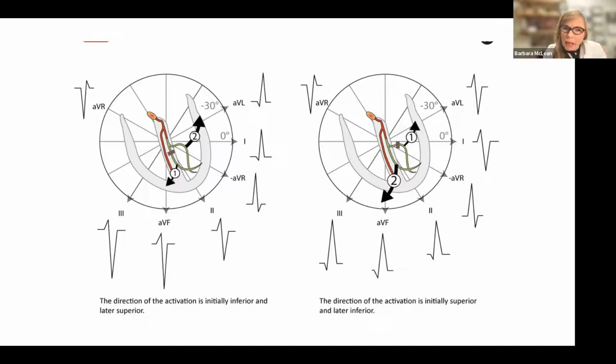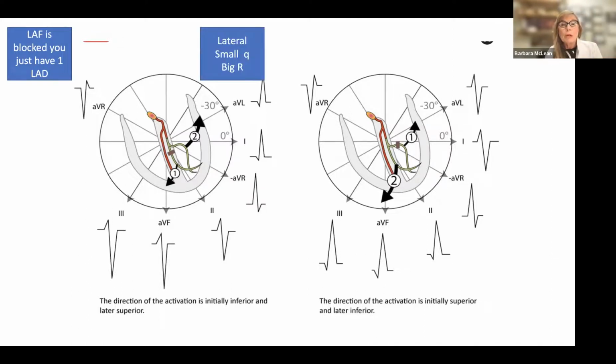Now, this is complex. It is not simple. I'm not trying to say it's simple, and I'm not trying to make everybody into a high-level cardiologist. I just want you to remember that if your LAF is blocked, then you just have your left posterior. And LAF block gives you a small Q in 1 and a big R in lead 1, and a small R in AVF with a deep S. That's going to be a left axis deviation.